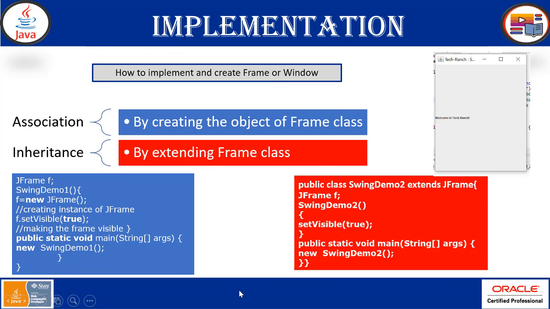Now for inheritance, all you need to do is extend the JFrame, do the entire implementation in the constructor, and call the constructor inside the main method. Sometimes you have other classes included in your package, and that package contains many dependent classes in a proper hierarchical form. In those cases you can use this type of concept to implement and create a frame.